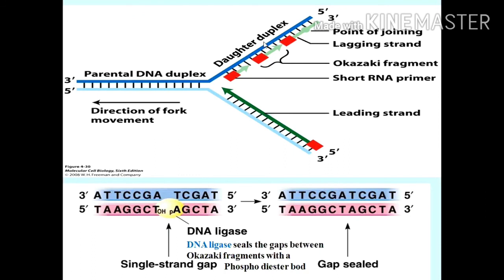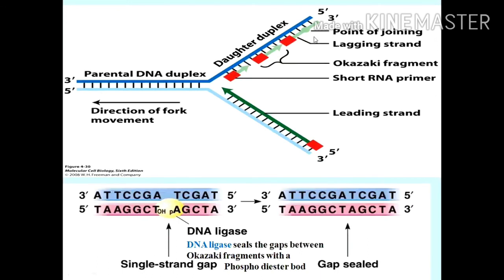Another parental DNA strand is the 5' template. This 5' template DNA molecule synthesizes DNA in the form of short fragments. These short DNA fragments are called Okazaki fragments. In this way, the Okazaki fragments are also produced in the 5' direction only.